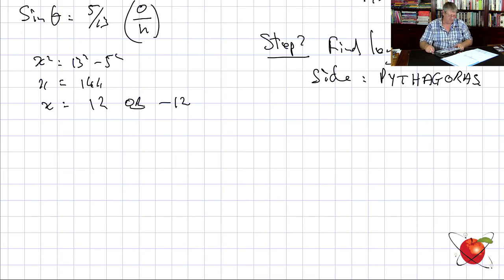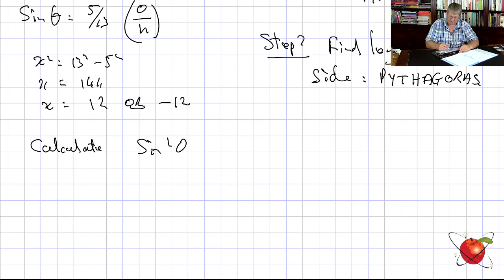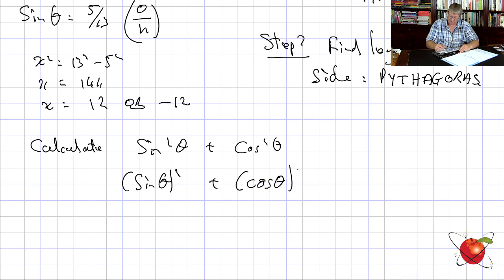The last part of these is they're going to say calculate something using this. Let's say sine squared theta plus cos squared theta. You now know, I rearranged that to sine theta squared and cos theta squared.